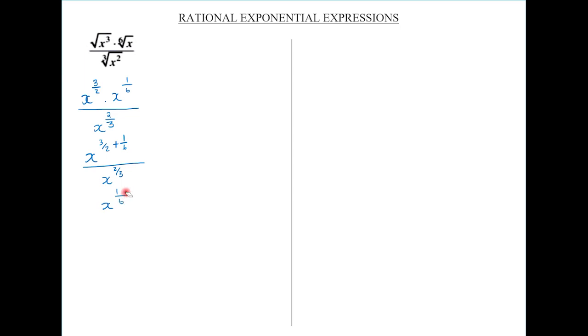Simplifying that, it's going to be 5 over 3, over x to the power of 2 over 3. Now they're dividing each other, so it's going to be 5 over 3 minus 2 over 3, which is x to the power of 3 over 3, and that is just x.